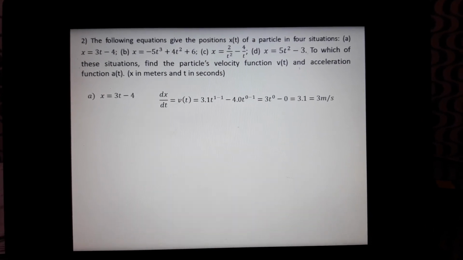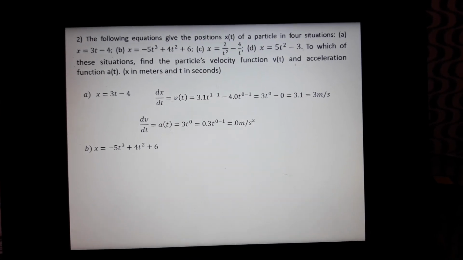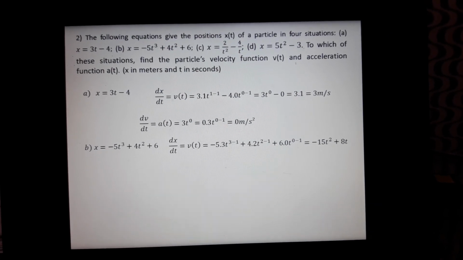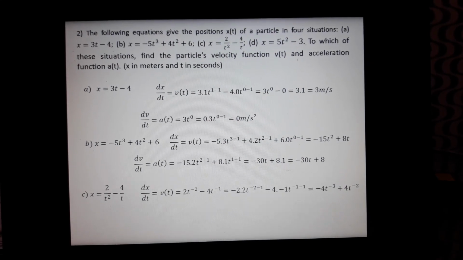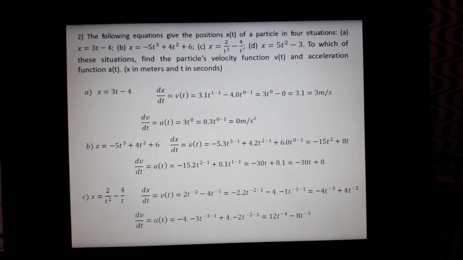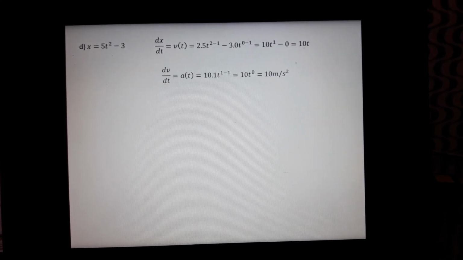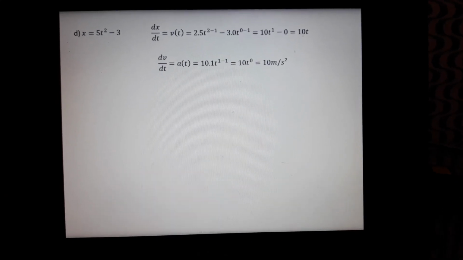You can stop at any time. It's the same idea: bring the power down as a coefficient and reduce the old power by 1. We have two derivations, and we have all the derivations here until the final. Okay? Bye bye. Thank you.